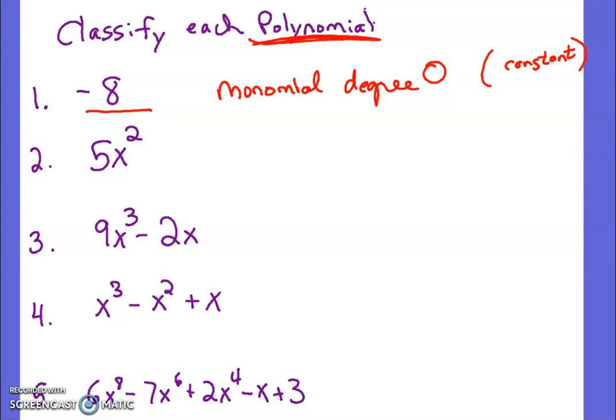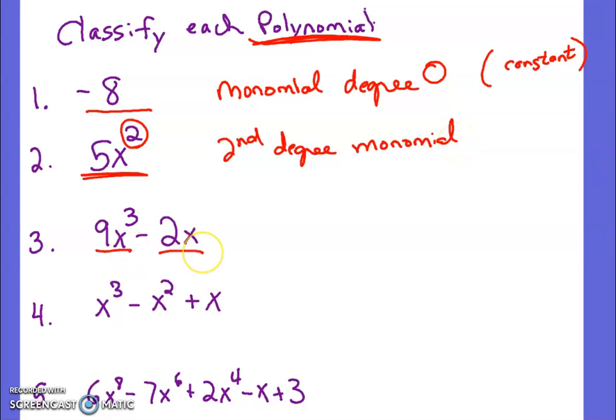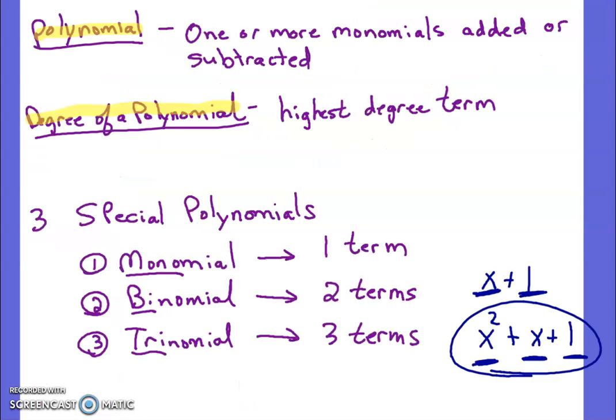We're just classifying. Right, this is a single term as well. So this is a monomial, and notice the degree is 2. So you would say this is a second degree monomial. Notice this one is 2 terms, and notice this degree right here is a 3, this degree is a 1. The highest degree, we just got done doing that definition, the degree of a polynomial is the highest degree.